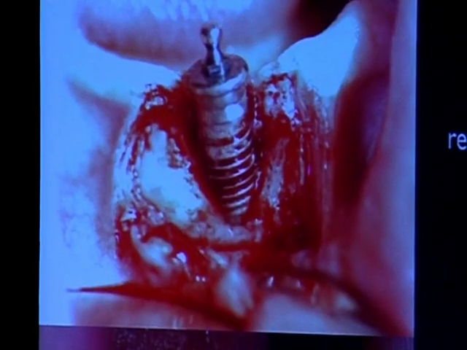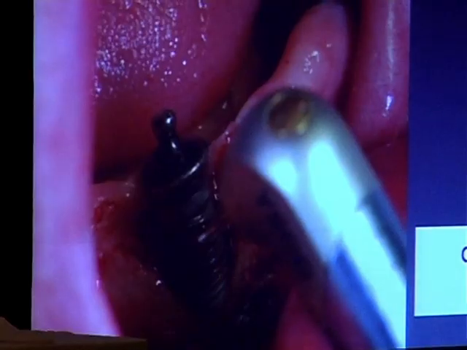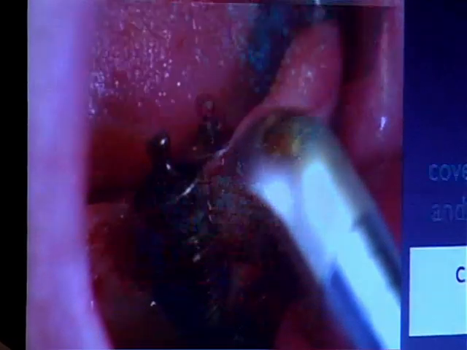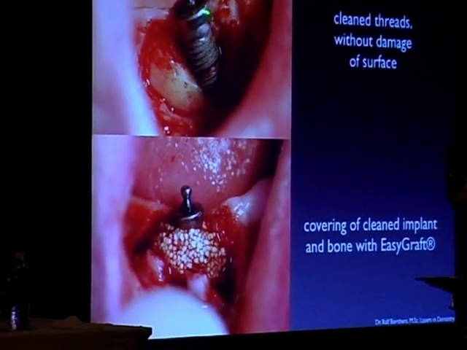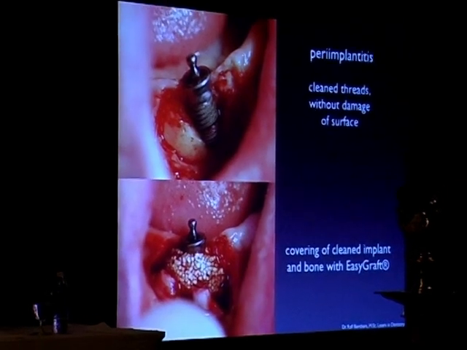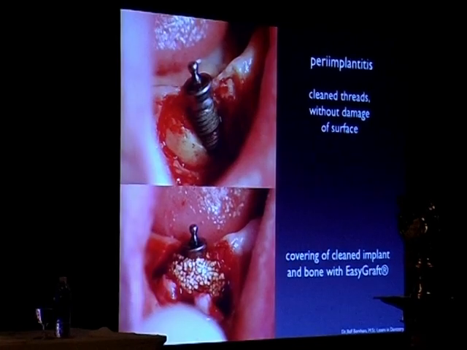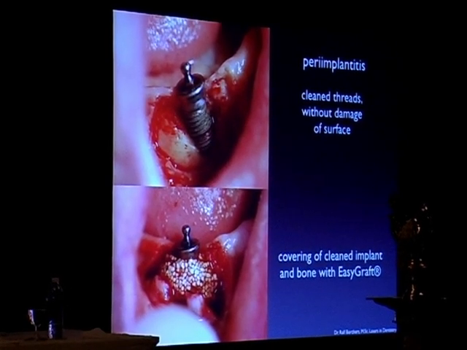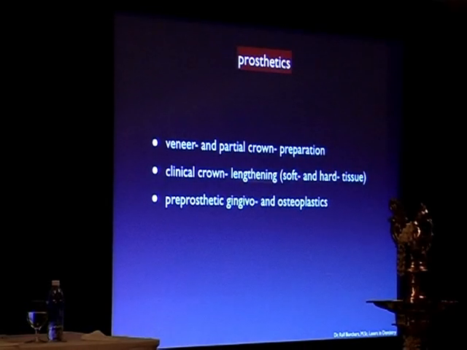You can clean it with the erbium laser with a short pulse and 55% of water, 65% of air. And this is the situation directly after cleaning. So it's looking like brand new. It's absolutely cleaned without any damage of the implant surface. Then you can cover it with any material. I use Easy Graft this way. And then it will heal much, much better than with the classical way.